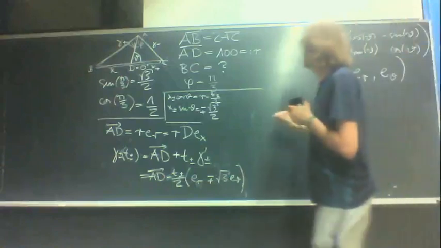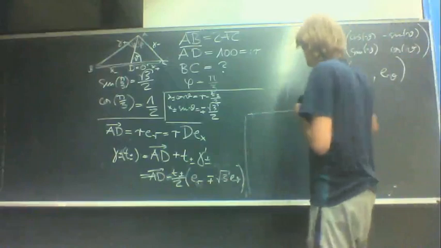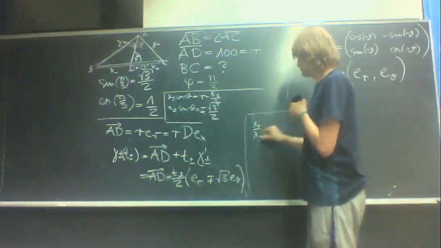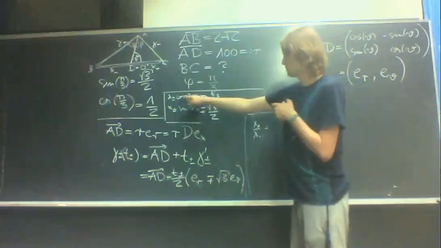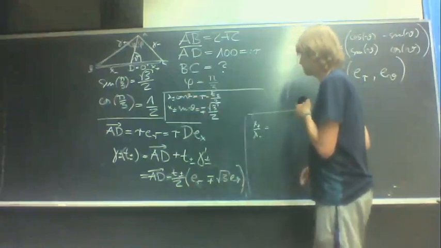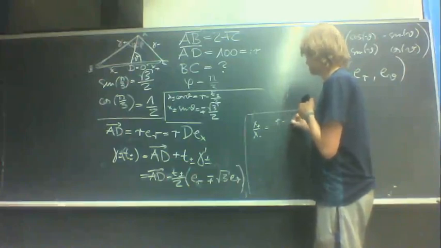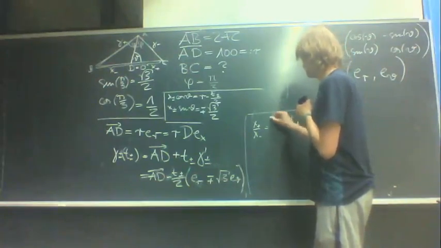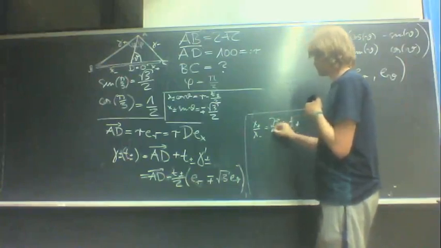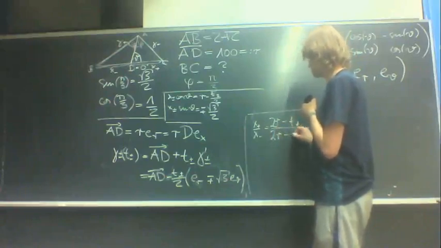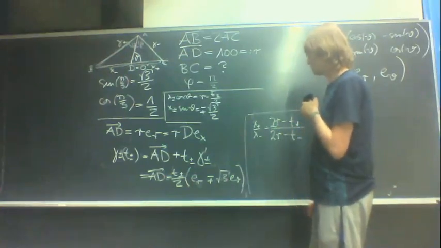Okay. Now we know that x plus over x minus is equal to R minus T plus over 2, or this quantity, 2R minus T minus. So, okay.